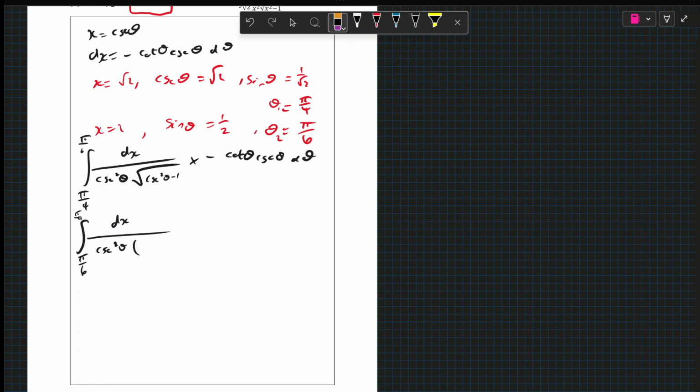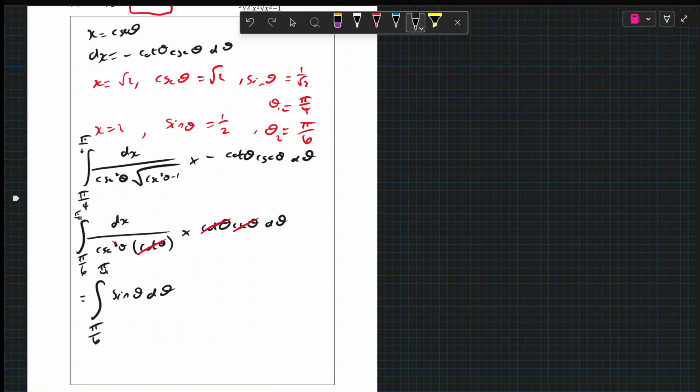We know it was cot squared theta, so the square root of that is just cot theta, times by cot theta cosec theta d theta. So the cot cancels with that cot, and the cosec cancels with that. Now, 1 over cosec is 1 over 1 over sine, which just leaves us with the integral from pi over 6 to pi over 4 of sine theta d theta.